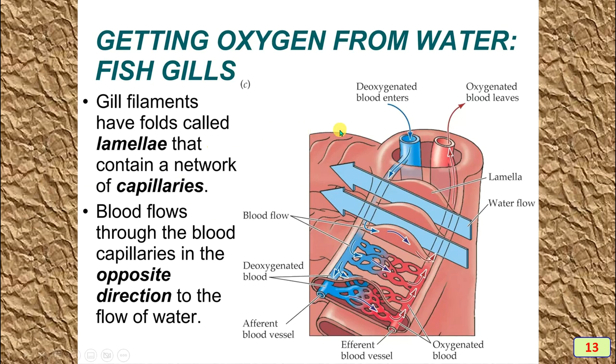An interesting phenomenon is that the gill filaments have folds called lamellae. These are the lamellae. They contain a network of capillaries, and blood flows through the capillaries in the opposite direction to that of the water. Hence, the more water flows, the more oxygenated the blood will be.